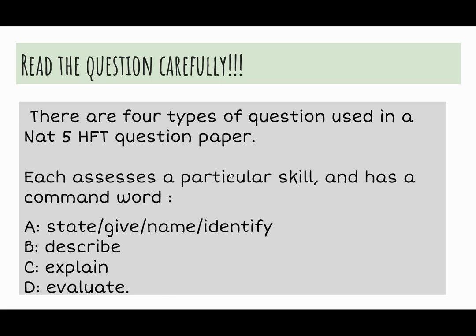The second is a describe question. Again, no level of explanation needed in that. It is just very straightforward, describing, say, a function of a nutrient. The third way is an explain question, and this is where we are needed to give a little bit more detail in our answers.